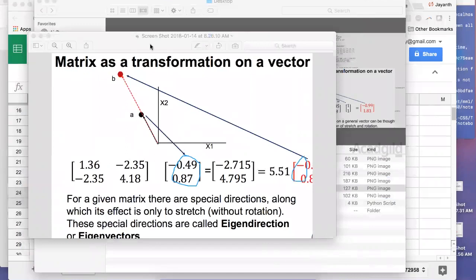What is happening for a vector A, if I have one particular special matrix, it's actually getting stretched. Can you see that? It's roughly 5.5 times that same matrix, right?